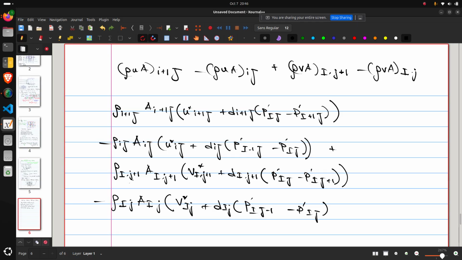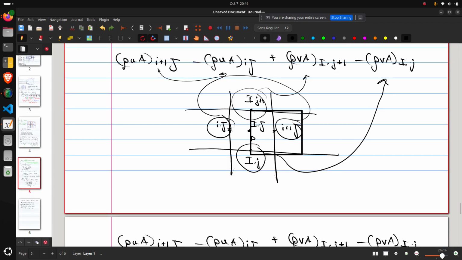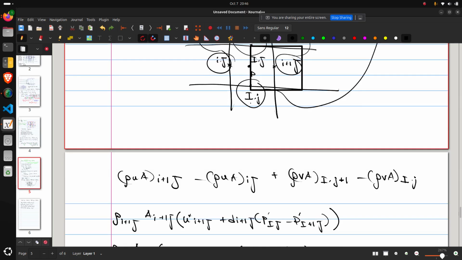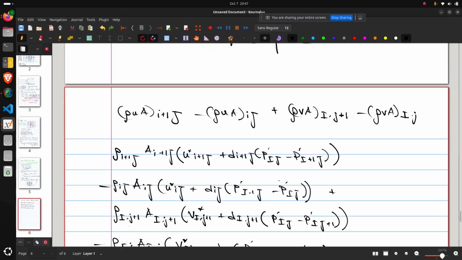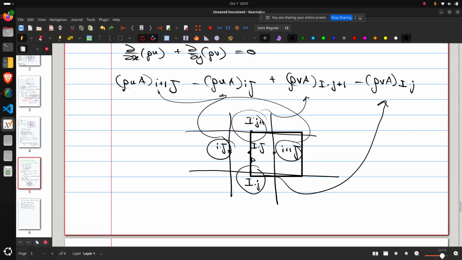This is for the north face. Okay, so the north face is this one, right? Capital I, small j plus 1. In this part, this is the pressure at capital I, capital J, and here the pressure will be at capital I, capital J plus 1, right?